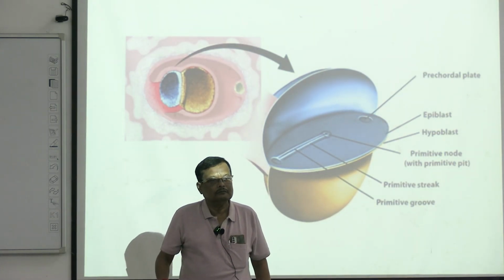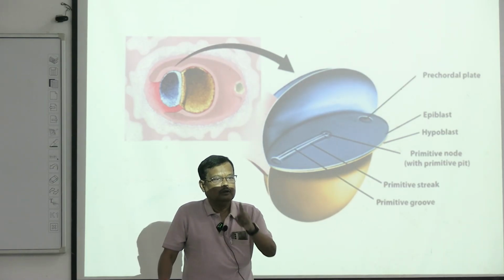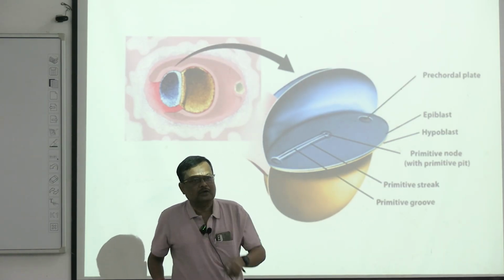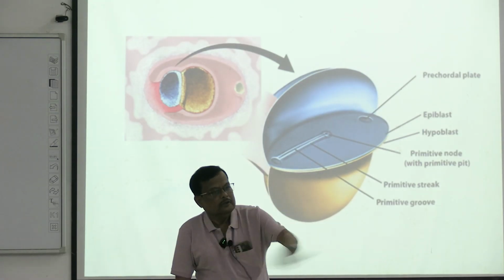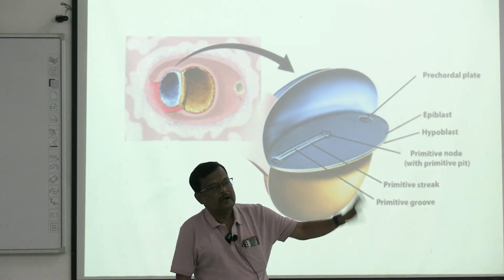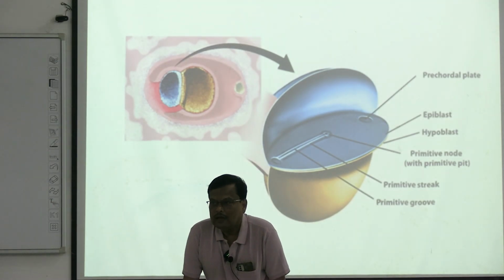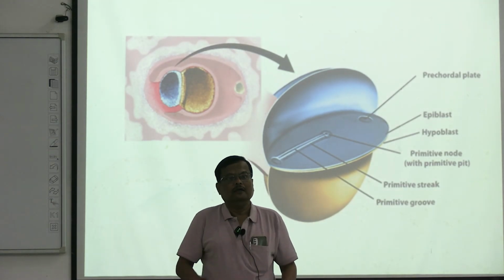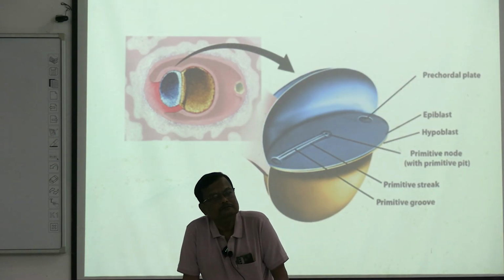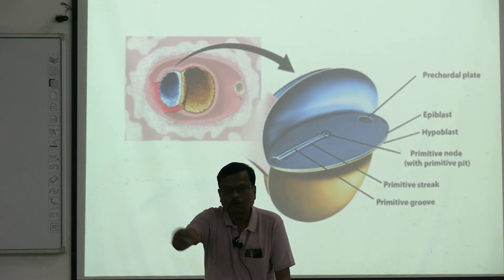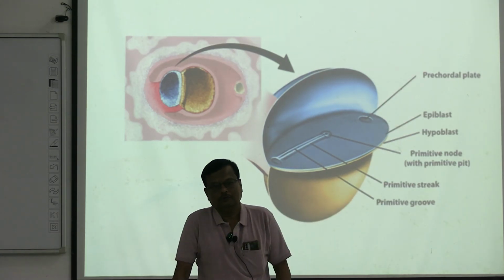ঢুকে গেল। ফার্স্ট কি করে? যে সেলগুলি ঢুকলো, they will replace the hypoblast cell. যত hypoblast সেলকে হটিয়ে দিল, all our hypoblast are removed and their place are occupied by the insinuated epiblast cell. এরা এলো, এসে সব কটাকে বার করে দিল, দিয়ে এখানে এরাই বসলো.